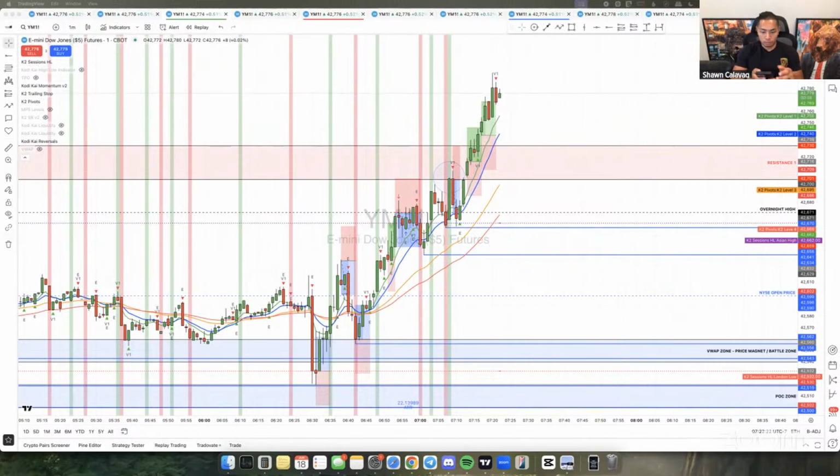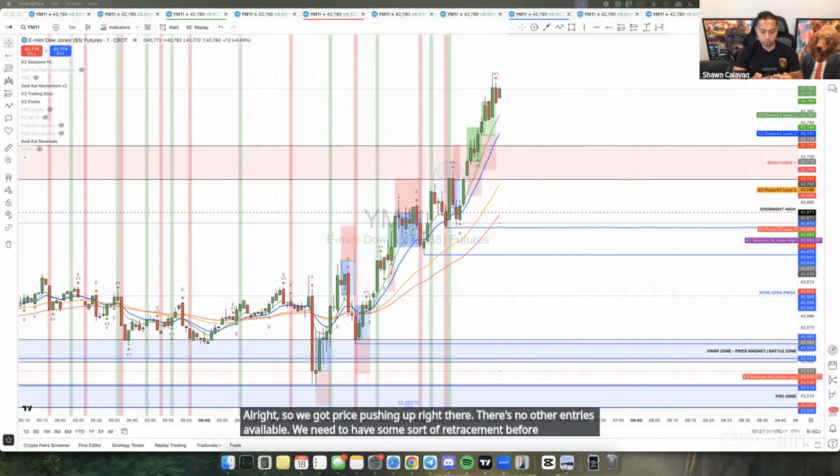And get this thing on. All right, so we got price pushing up right there. There's no other entries available. We need to have some sort of retracement before we can take anything else here, of course.